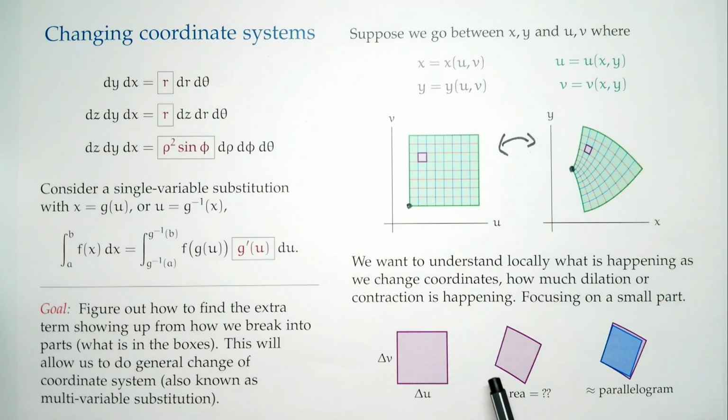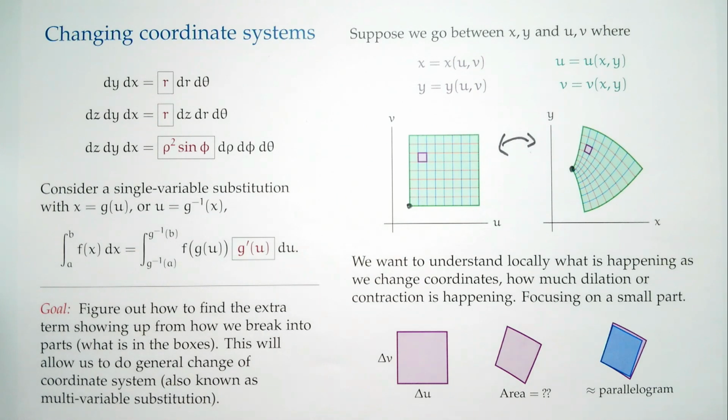In fact, it looks awfully like a parallelogram, so a parallelogram is a reasonable approximation to the piece. And now we're like, aha, parallelograms, we know how to work with those, because we did something with parallelograms very recently where we talked about surface area. So you're going to see it's a similar idea coming into play here.